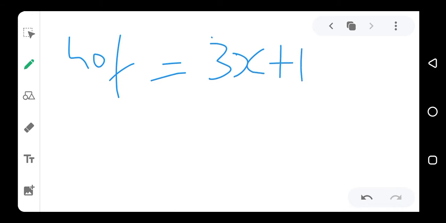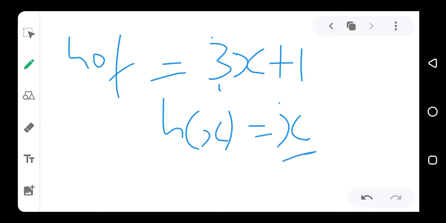We just put the expression for f of x to replace the x. There's nothing else, so we leave it like this. So the h of f is this.